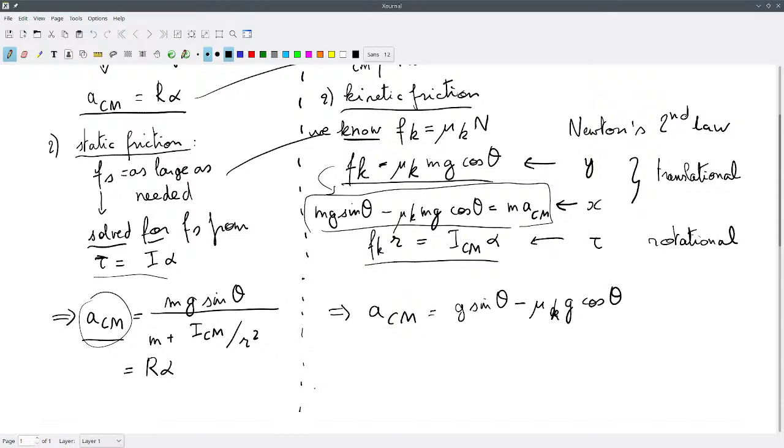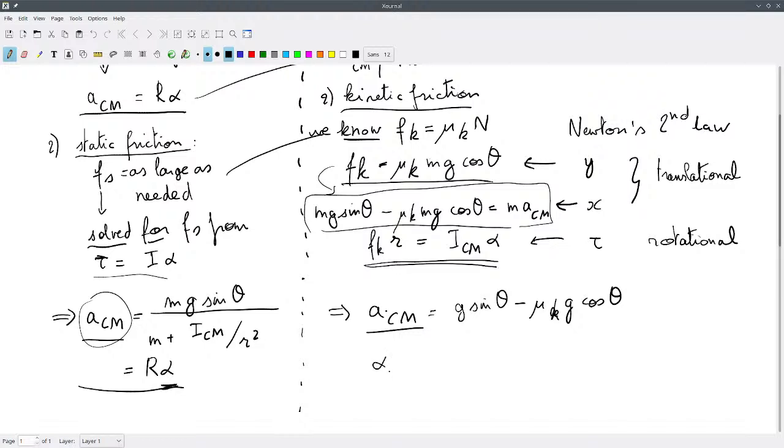So that's the linear acceleration in the case of rolling with slipping. And in the case of rolling without slipping, we could immediately use that to determine the angular acceleration. Now here we have a little bit more work to do for that. For that we will need to use the third equation here.